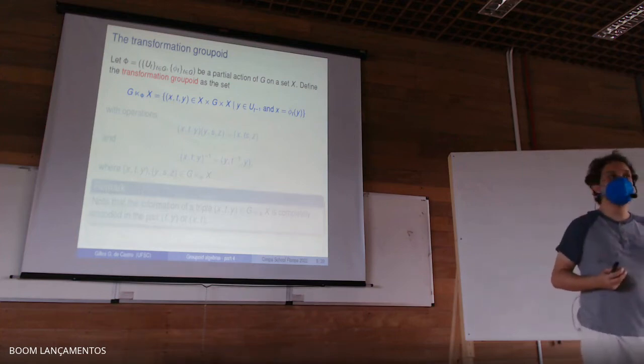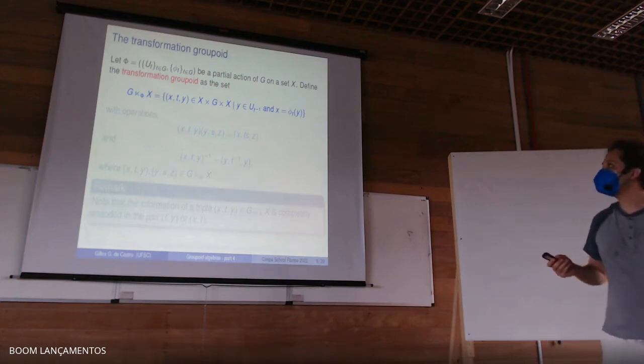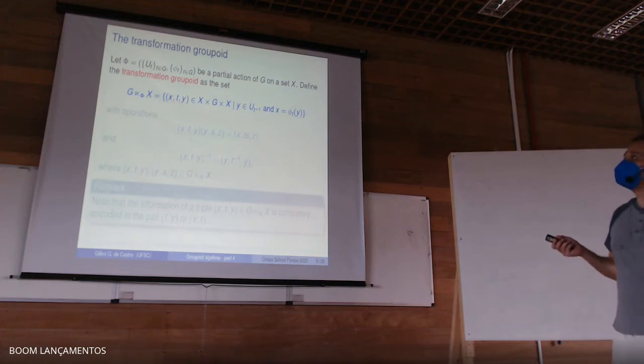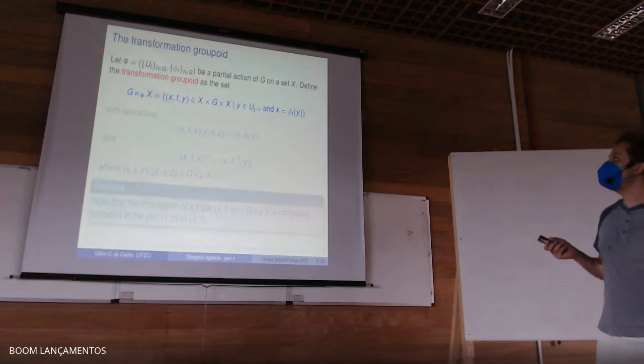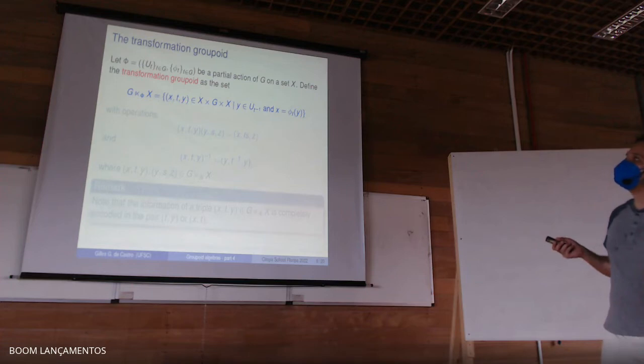So we have a transformation groupoid for a partial action, and the idea is the same as before: we're going to have triples with an element of X on the extremes, and in the middle we're going to have an element of the group, and once we act t on y, we want this to be x.